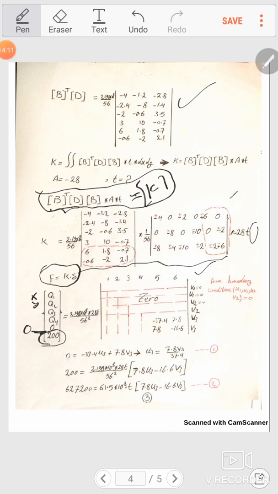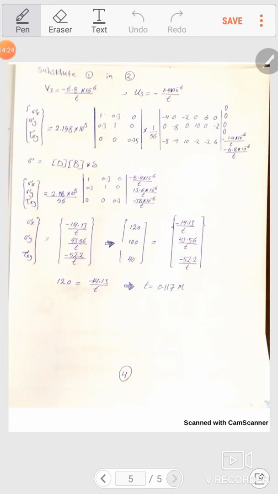After that, you can solve it by calculator or by the traditional method using equations to get the values.